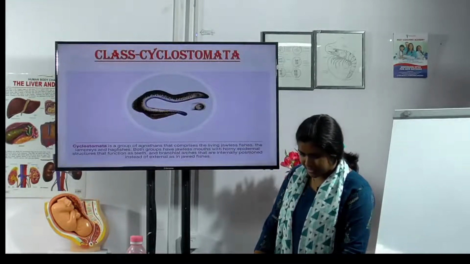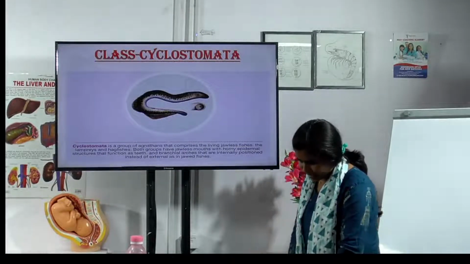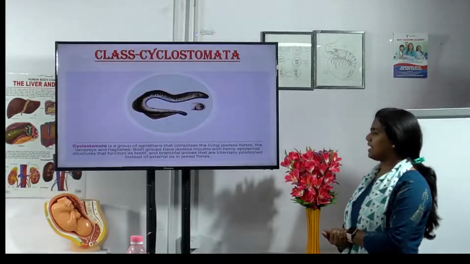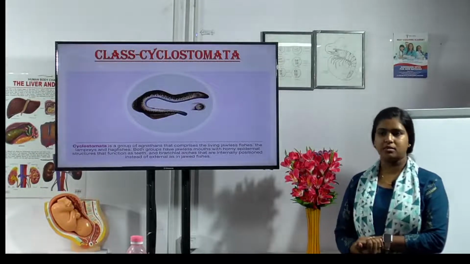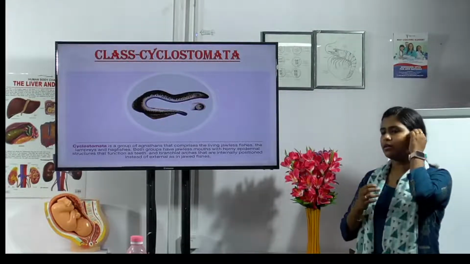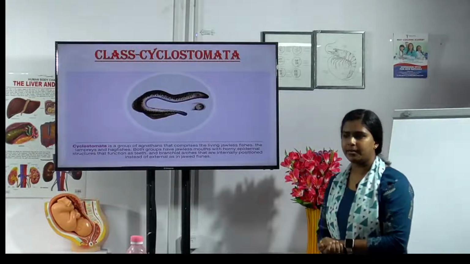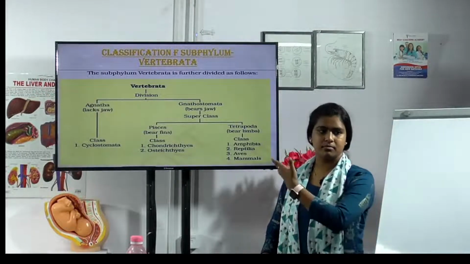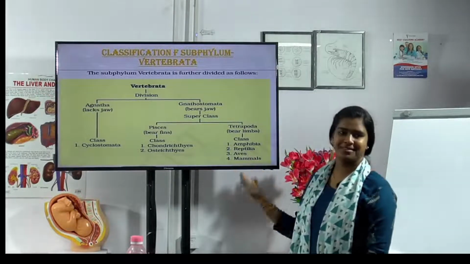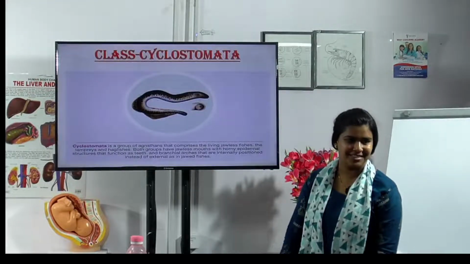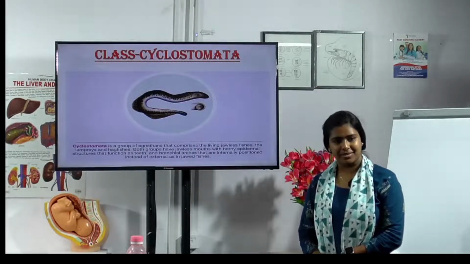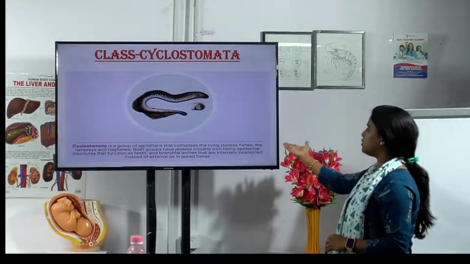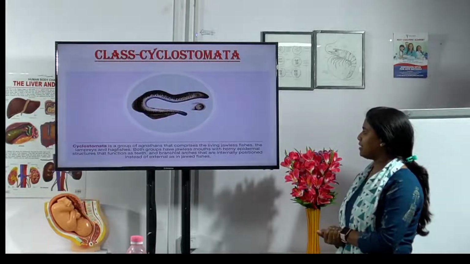Okay, next we will see class Cyclostomata. It is a group of agnathans. What is that, which we saw earlier? Yes, jawless fishes, the lampreys and the hagfishes.